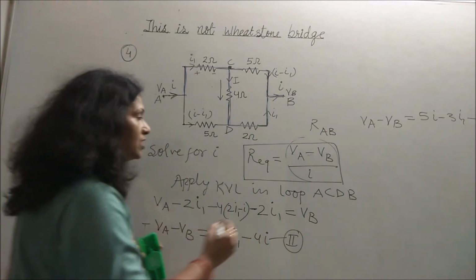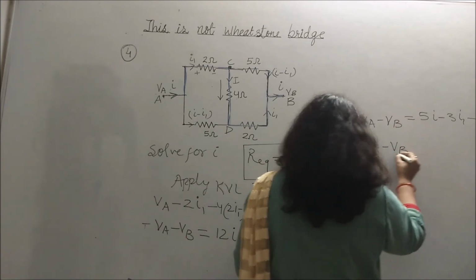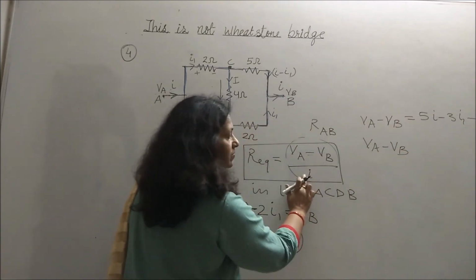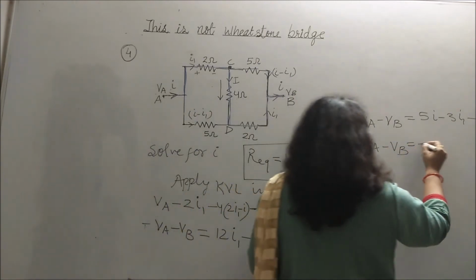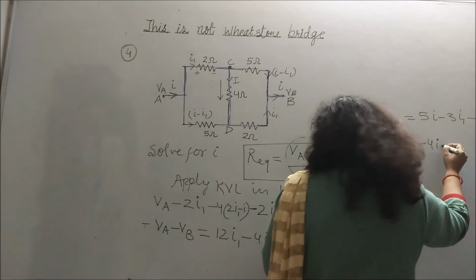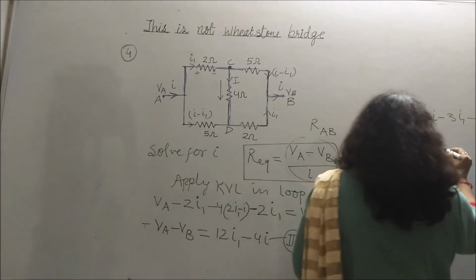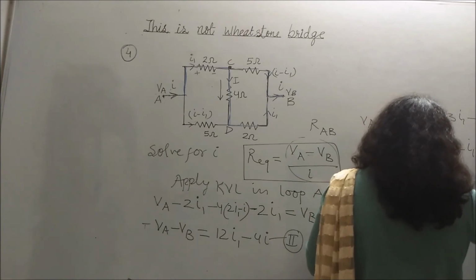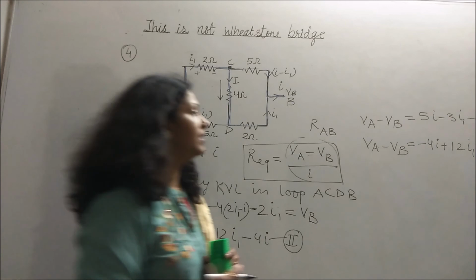So solve these two equations to find the value of VA minus VB divided by I. We got these two equations, minus 4I plus 12I1, by applying KVL.